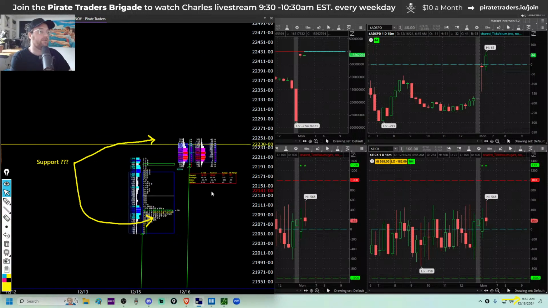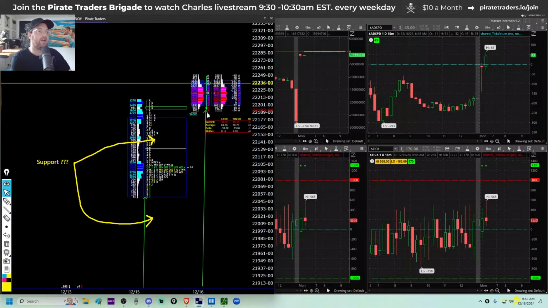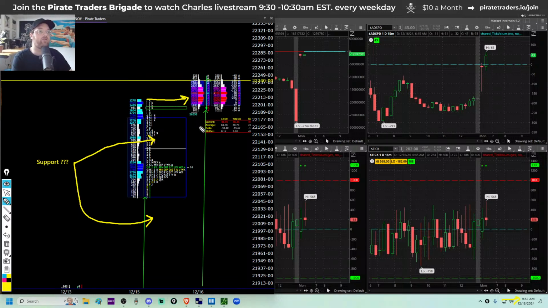It's exactly the same as the ES right now in that it has a weak low. The ES has what we call a low volume low, and the NQ has what we call a weak low. But what is different about the NQ is that it is now above the overnight high, which on the newer contract I have as 22,210.